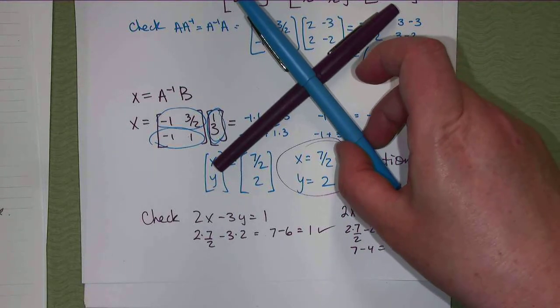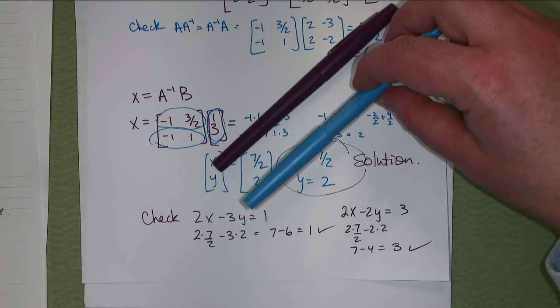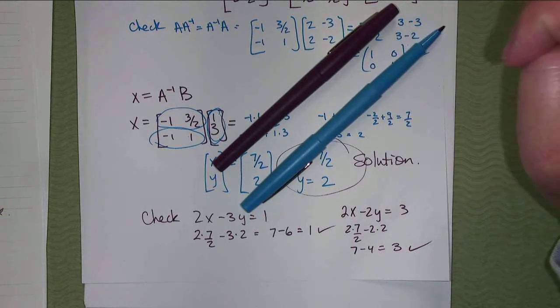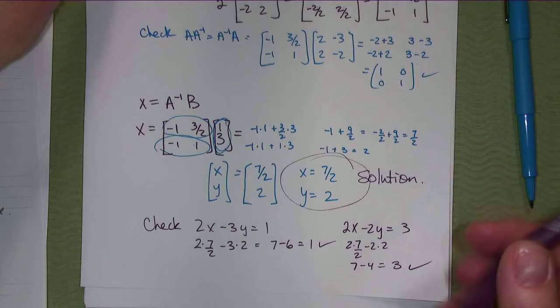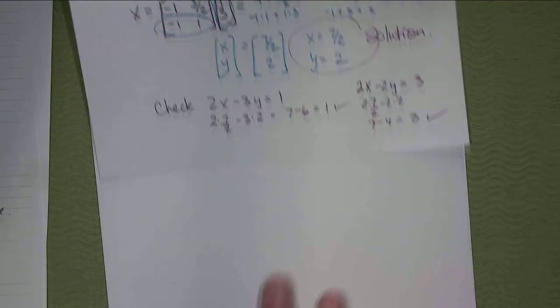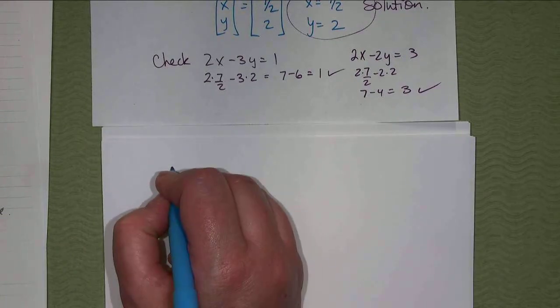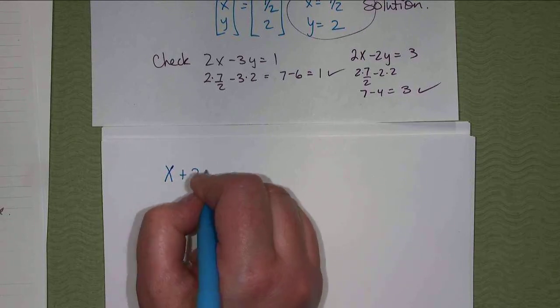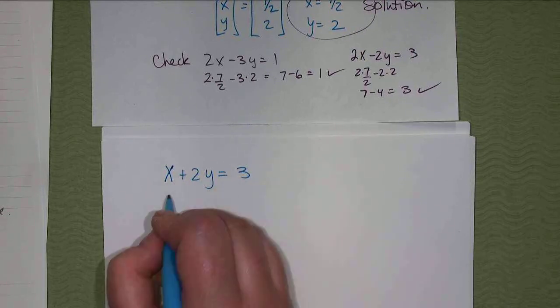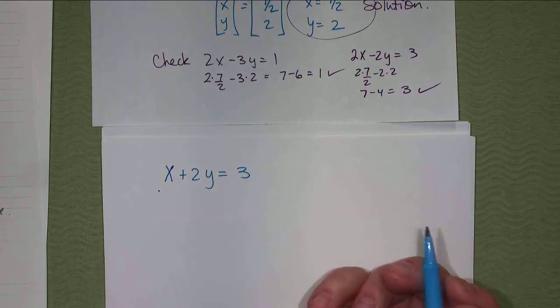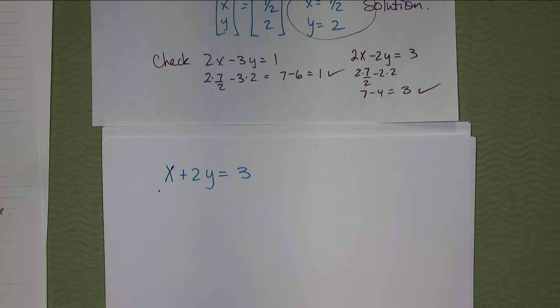If the lines are parallel, let's write one that's parallel, a system. So how do I make a parallel line? Remember, the slope has to be the same.